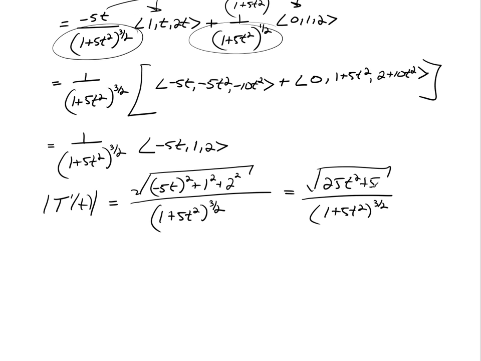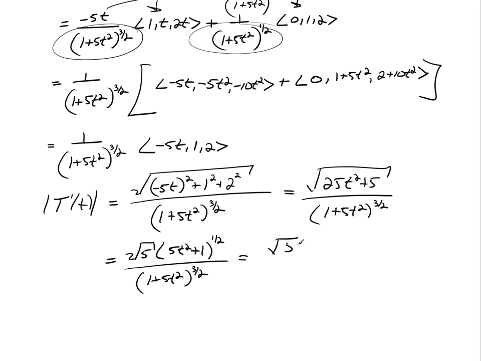And I'm going to yank out a root 5, because if I factor out a 5, the numerator and denominator will be the same, just different exponents. So that's going to simplify even further. So I take the square root of 5 times, I'm left with (5t squared plus 1) to the 1/2 over (1 plus 5t squared) to the 3/2. These are the same. So this is actually going to be the square root of 5 divided by 1 plus 5t squared. There we go. So that's not the curvature, that's the magnitude of the first derivative of the unit tangent vector.